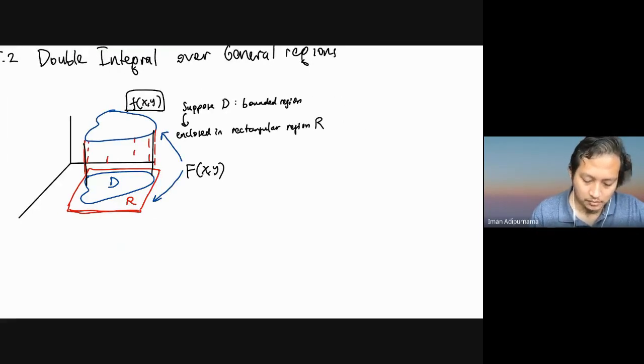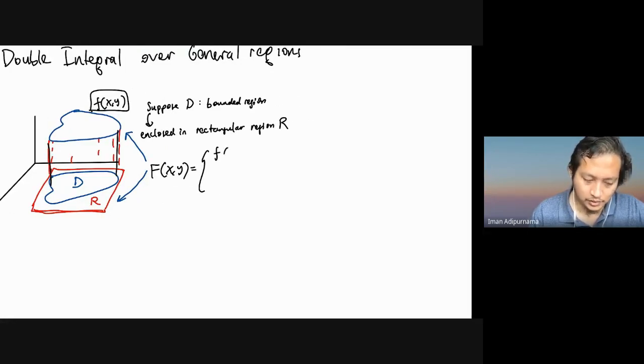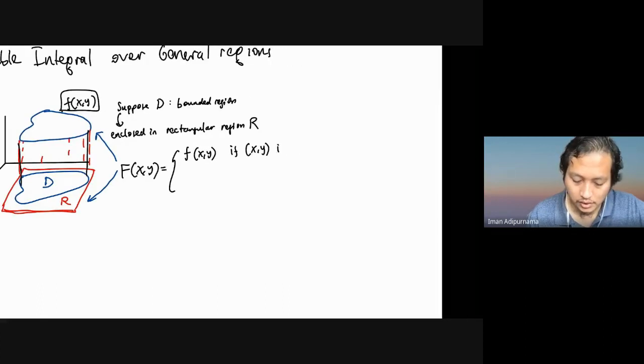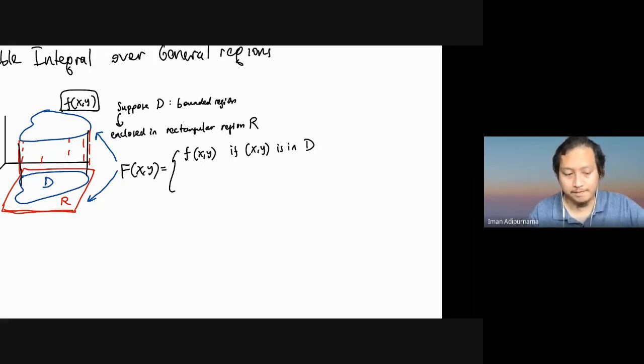So by making this into 2 definitions, the big F is the same as the small f if all the points x, y are in the bounded set, right?